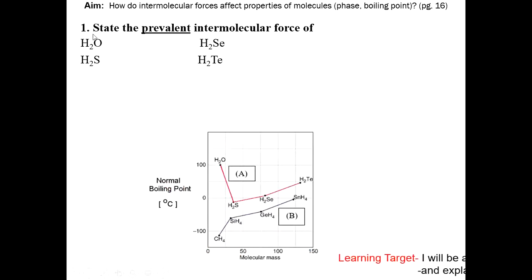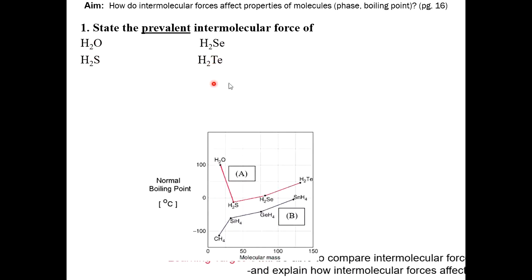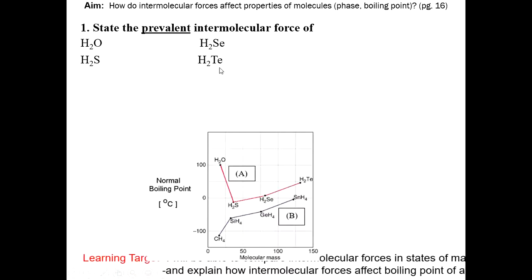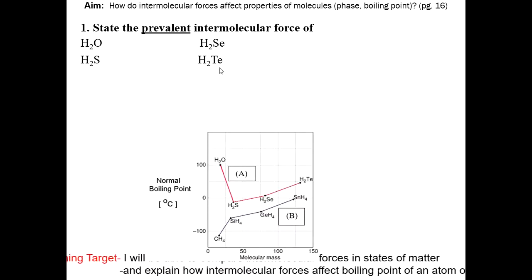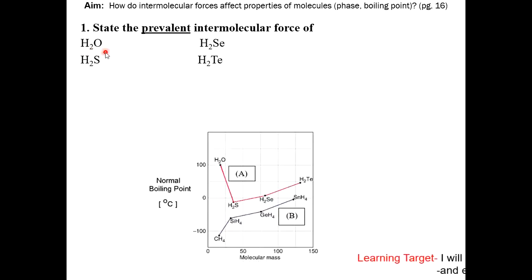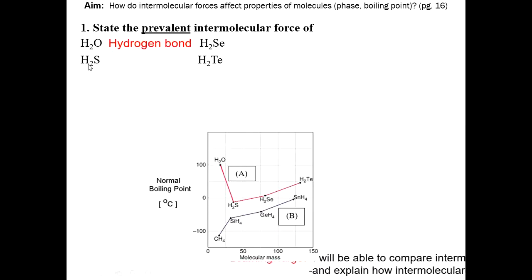The first question: state the prevalent intermolecular force of H2O, H2S, H2Se, and H2Te. O, S, Se, and Te are in the same group, group 16, so we expect these molecules to have the same shape, which is bent. H2O has an H and an O, therefore the prevalent intermolecular force is hydrogen bonding.